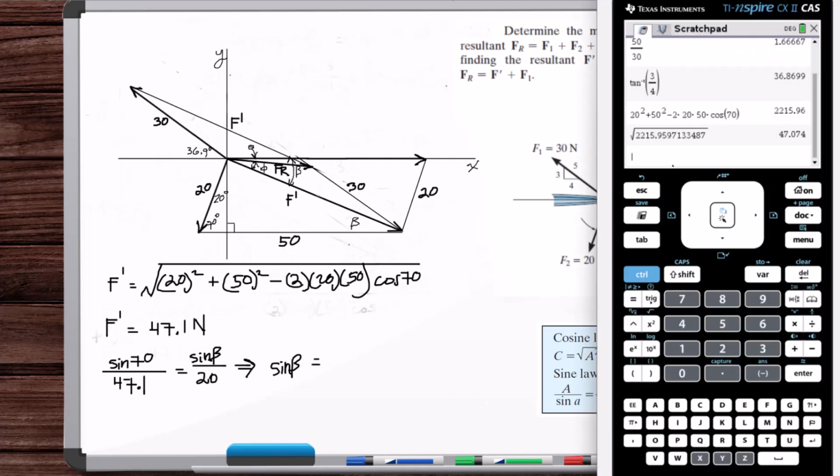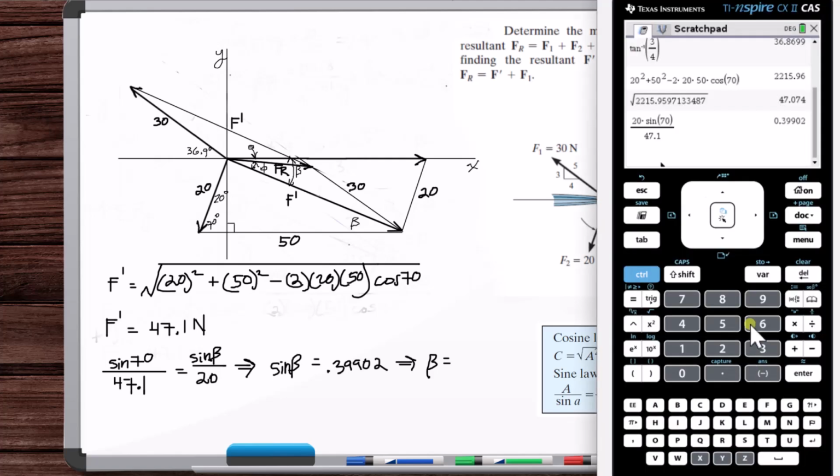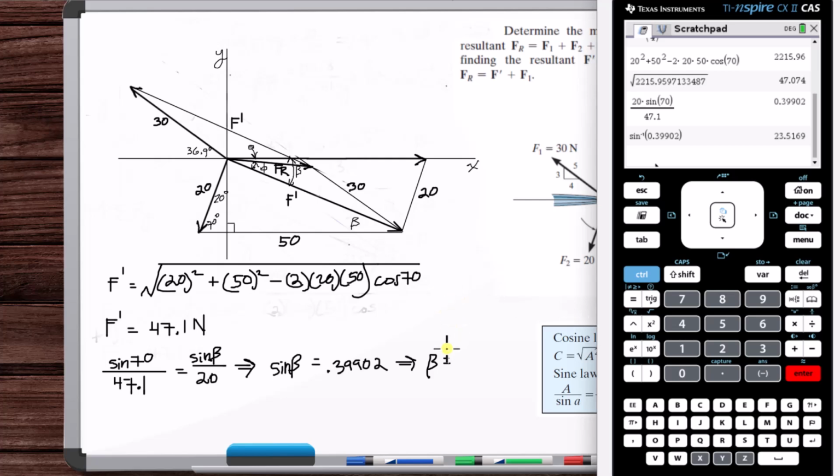Sine of beta is equal to 20 times sine of 70 divided by 47.1, 0.39902. So beta is equal to 23.5.